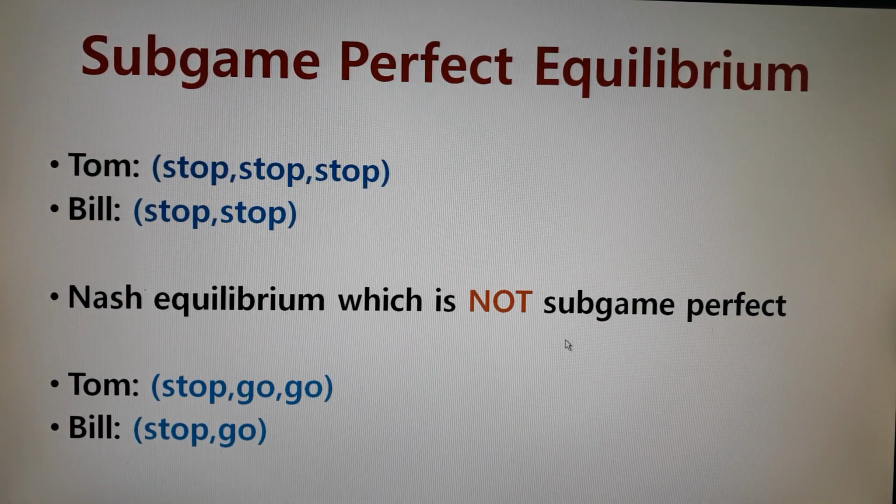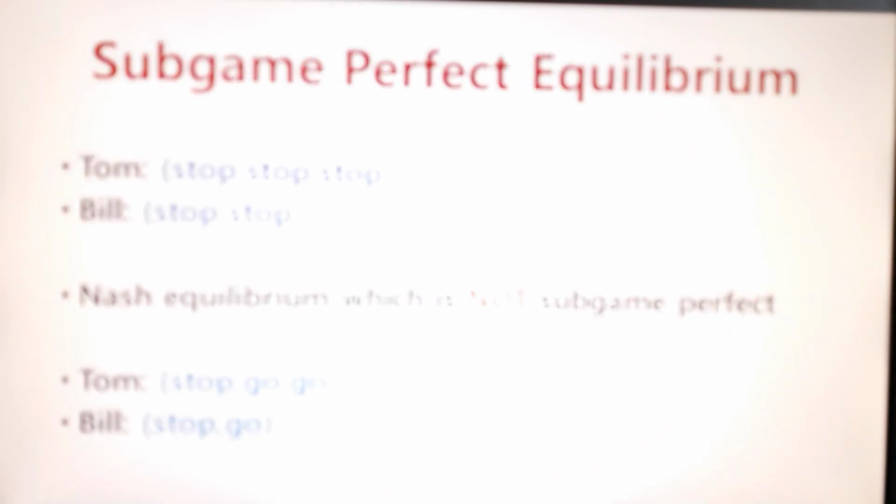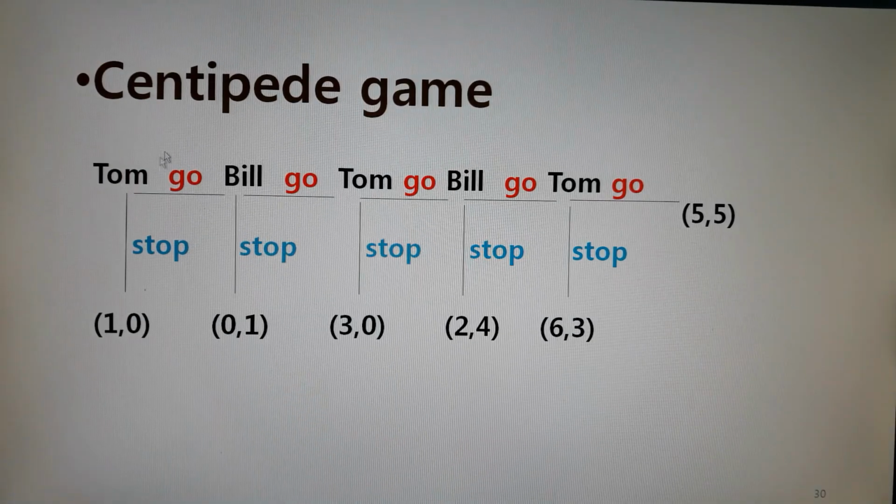Okay, the most difficult question I'm going to ask is to find the Nash equilibrium of the game. There's only one subgame perfect equilibrium, stop, stop, stop, stop, but is there a Nash equilibrium which is not subgame perfect?